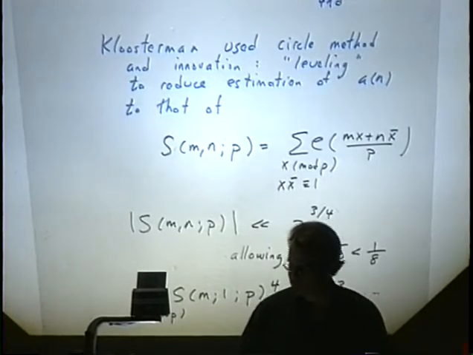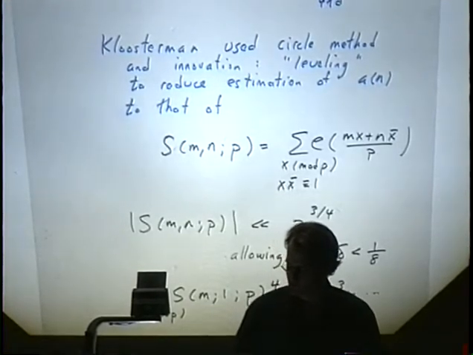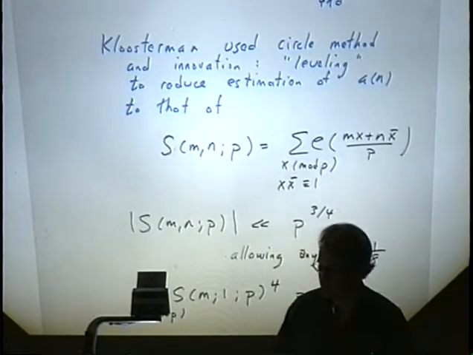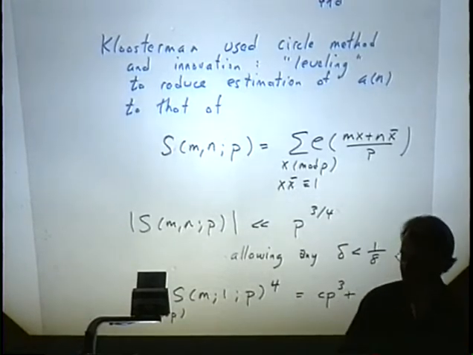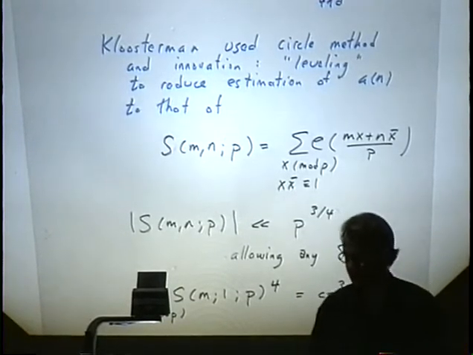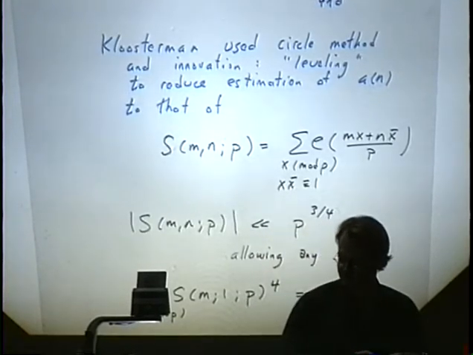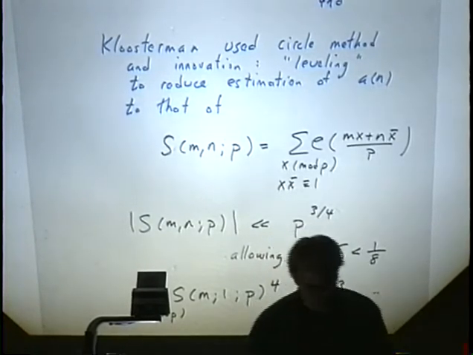And then he observed that these are positive. So even though I have a bunch of them, if I have an asymptotic formula or an exact formula for this sum, I can deduce from that an estimate for each individual term. And since we have a 4th power here, you can take the 4th root. So that's how he obtained p to the 3/4.